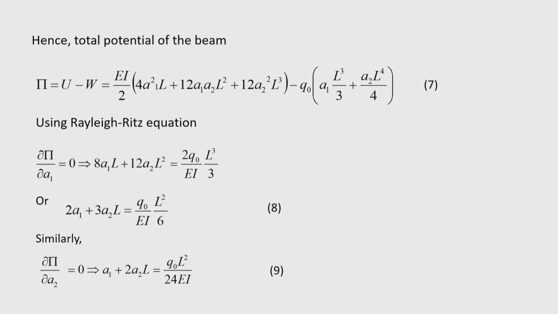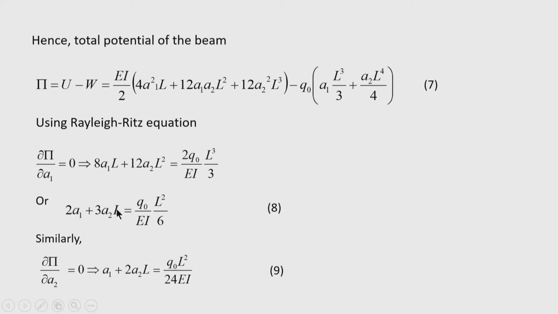So, first we differentiate with a1 and then we get del pi by del a1 equal to zero, giving 8 a1 L plus 12 a2 L square equal to 2 q naught L cube by 3 EI. Then similarly, we differentiate del pi by del a2 and we get a1 plus 2 a2 L equal to q naught L square by 24 EI.